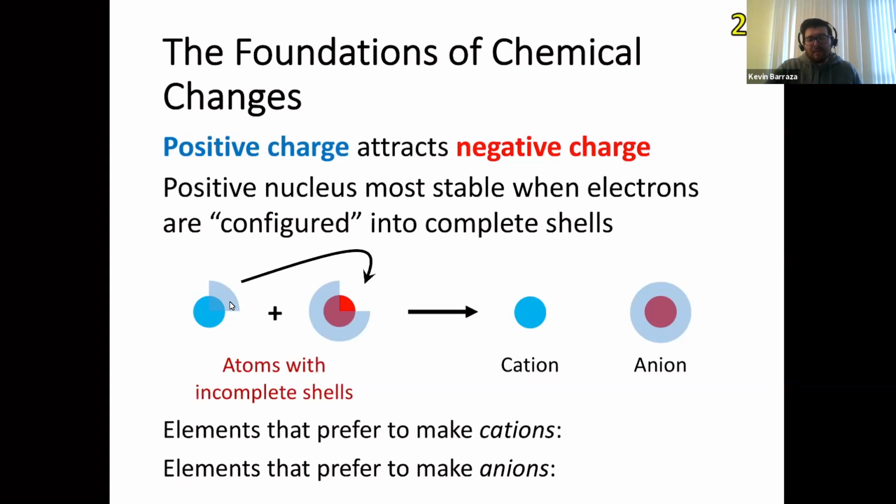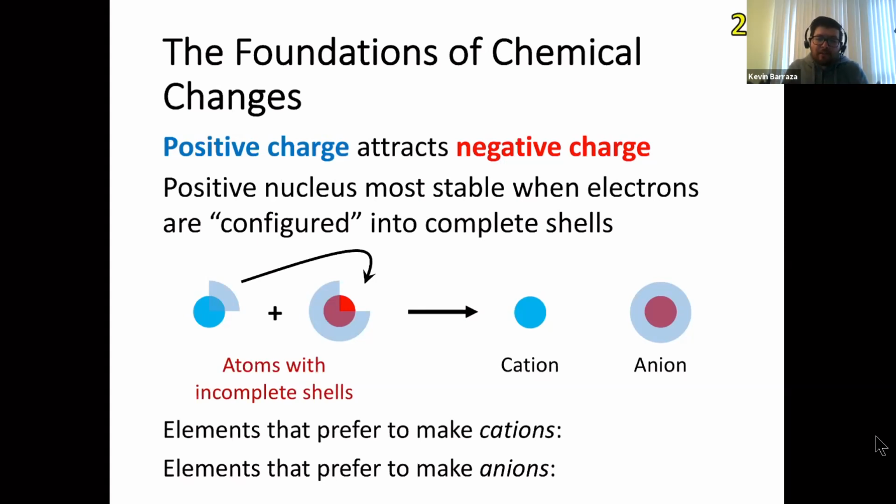And so we have to utilize our periodic table one more time to figure out which elements like to make positive ions, or cations, and which elements like to make anions, so that we know which ones to pair up.